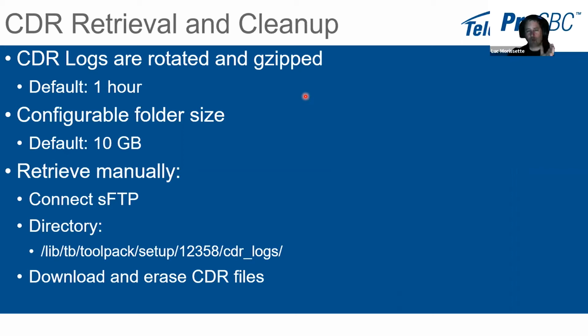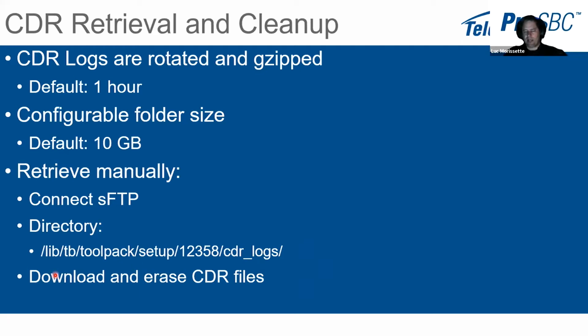And the total folder size is 10 gigabyte. These files can be retrieved manually by connecting with SFTP and going to the directory. So this is the default directory for the CDR logs, and you can get all of them. They will be just here.